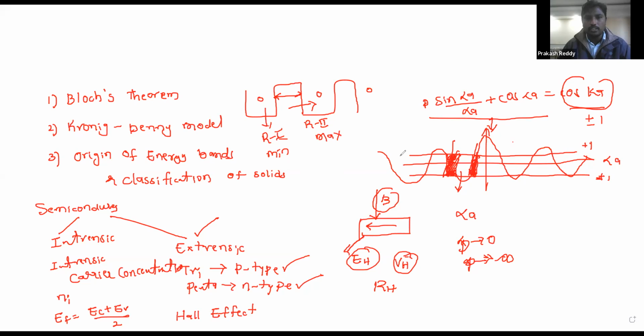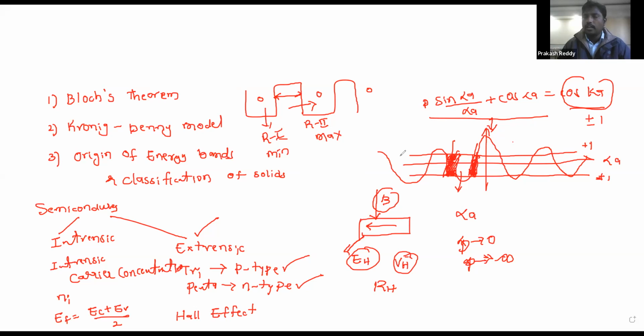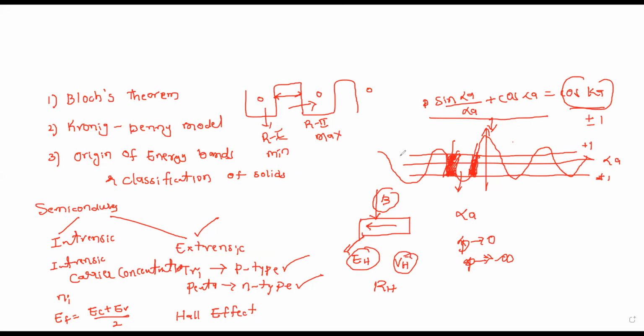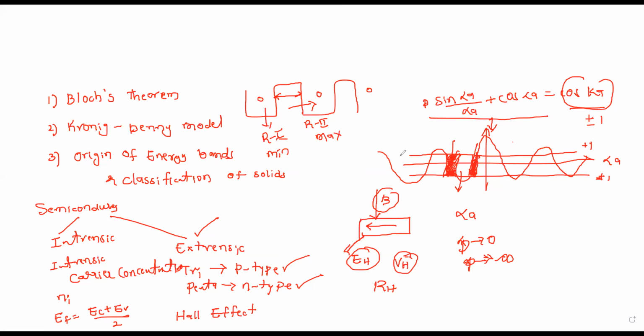Once we know the RH, using the formula RH equals 1 by N into E, we find the charge carrier density of the semiconductor. Right? Once we know the N and RH, we can find out the mobility also. Yes, using the conductivity equation, sigma equals N into E into mu, we find the mobility. So these are some applications.